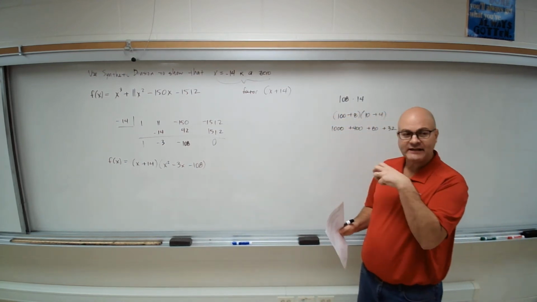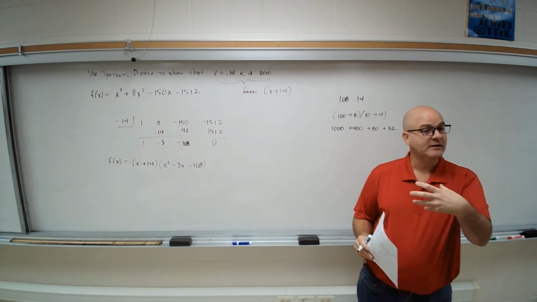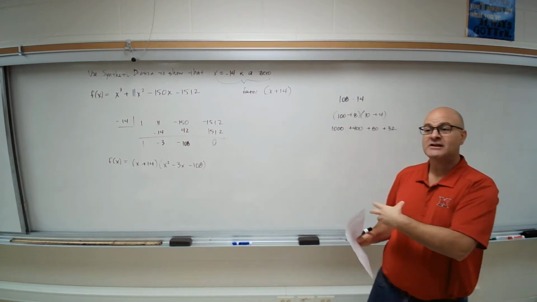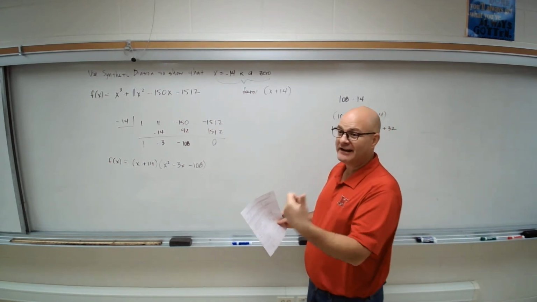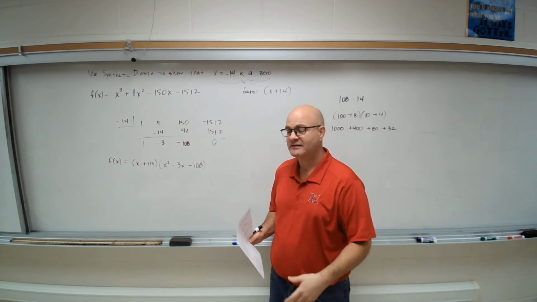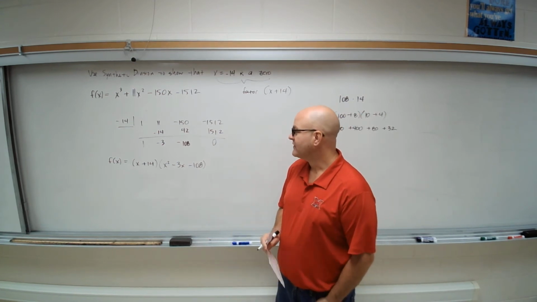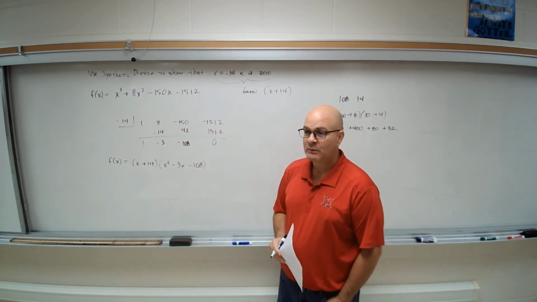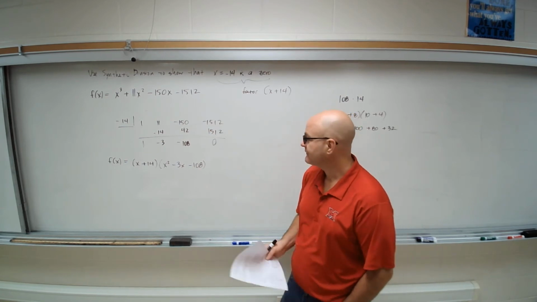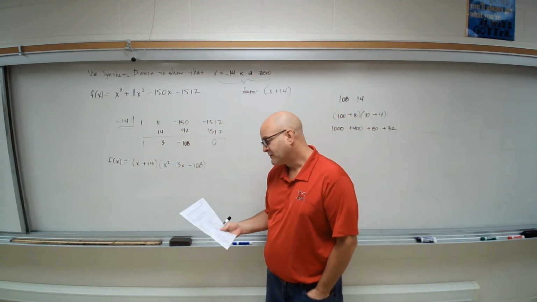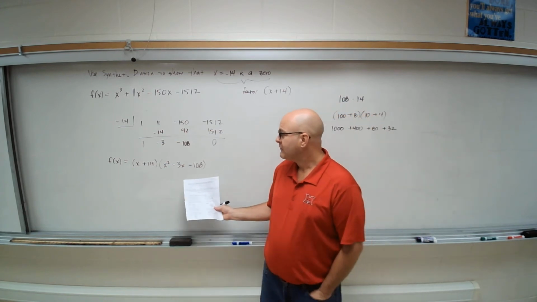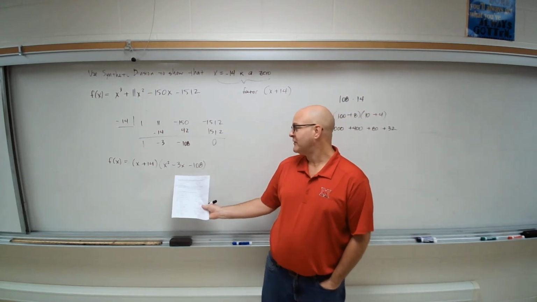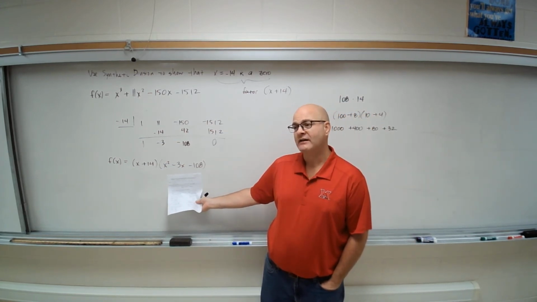To keep writing this, we're really going to shoot to get a completely factored form, because we know how to graph those, we know how to find intercepts, we know all this stuff. Like you guys, you did a great job on the quiz for the most part, right? So now, once we get to here, we can find the rest of the zeros, but we don't have to do synthetic division because this is a quadratic, correct?